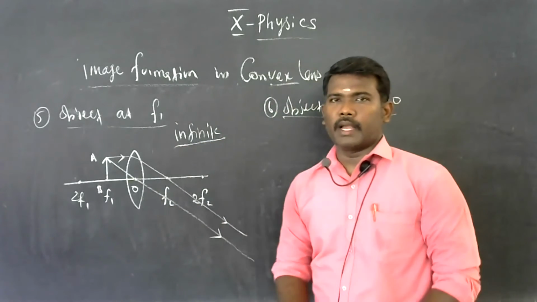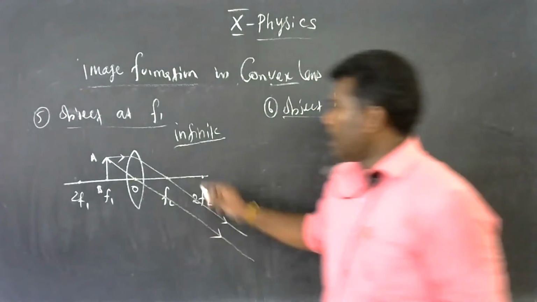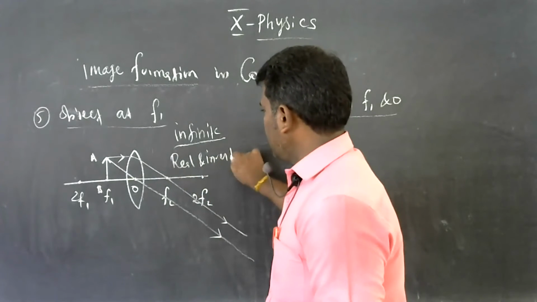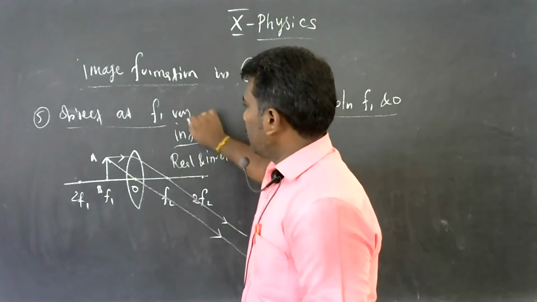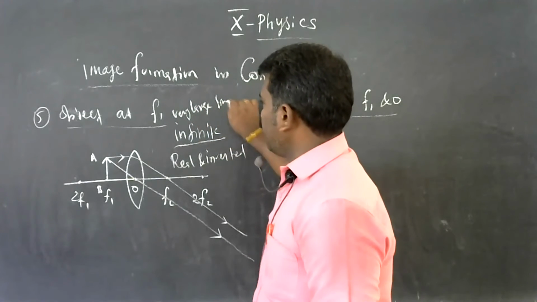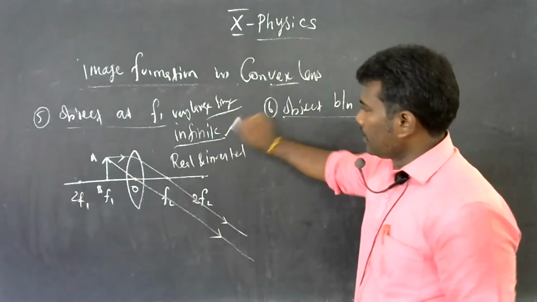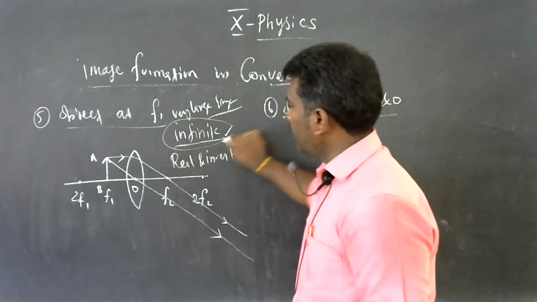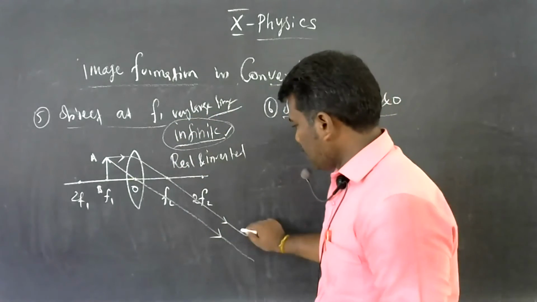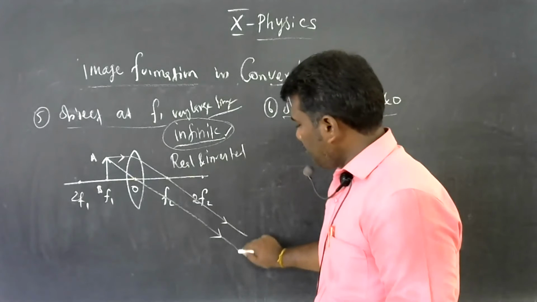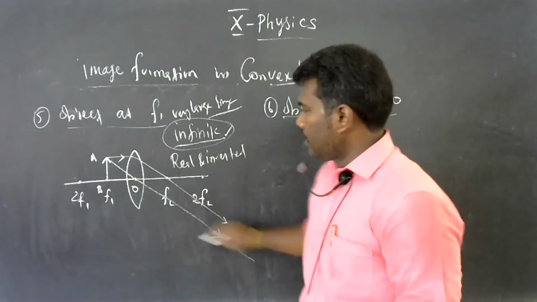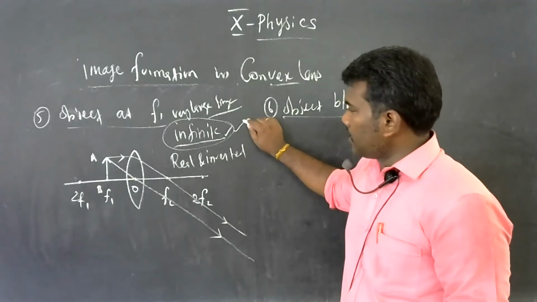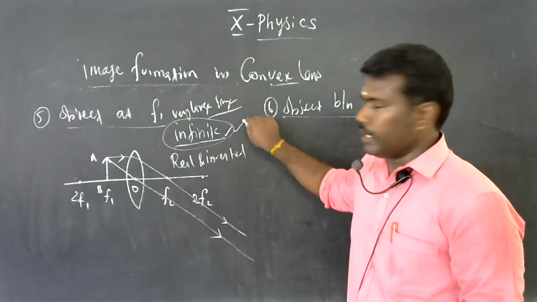Image will be formed at an infinite distance, and we are getting a real, inverted, very large size image. That means these two rays may converge at the infinite distance, because they are almost parallel. So they meet at some place on the other side of the lens, at which point they converge with each other.